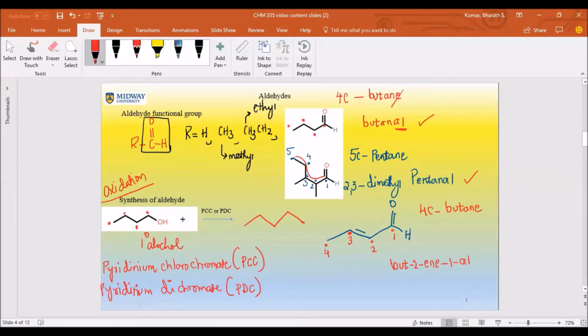Well, if you don't put the double bond here, and the oxygen and the hydrogen here, this is 1, 2, 3, 4. Basically, you want to stop at the top and then add your double bond O and H. So this is your aldehyde. Now, if you had started with 3 carbons, then you end with a 3-carbon aldehyde, which this is nothing but same as the one I drew here.